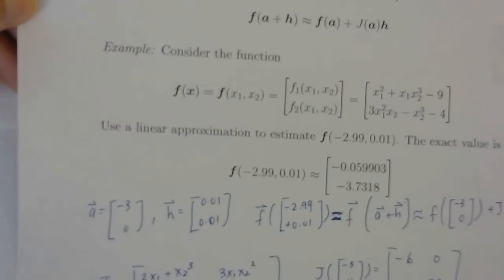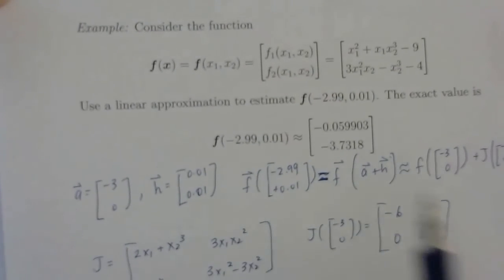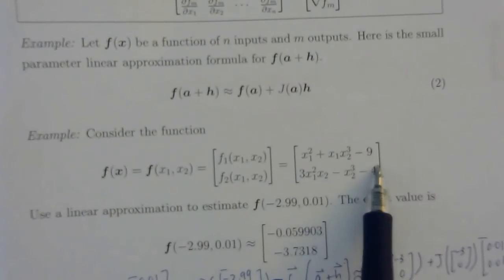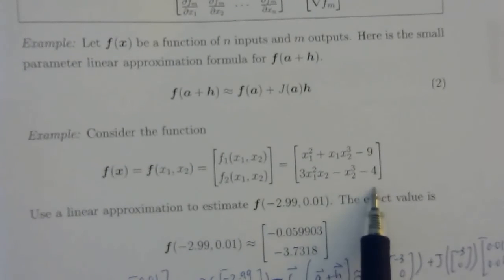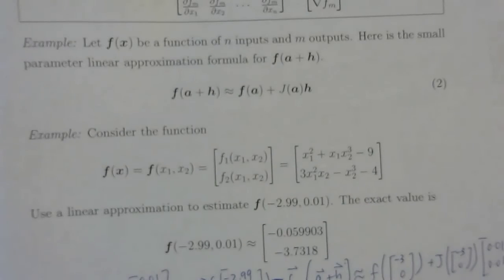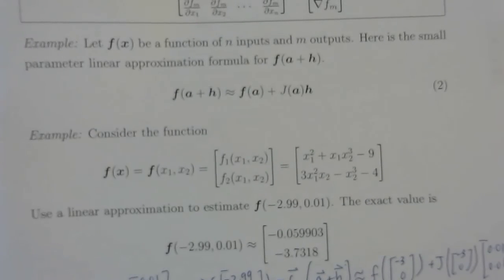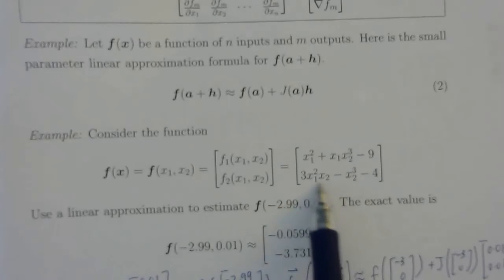If these functions look a little bit familiar, it's because if you go back to page 8 of your notes, the functions here were the same as the functions that we're looking at for their intersection. And the starting point here is close to -3 and 0. So that looks familiar. That may be why.